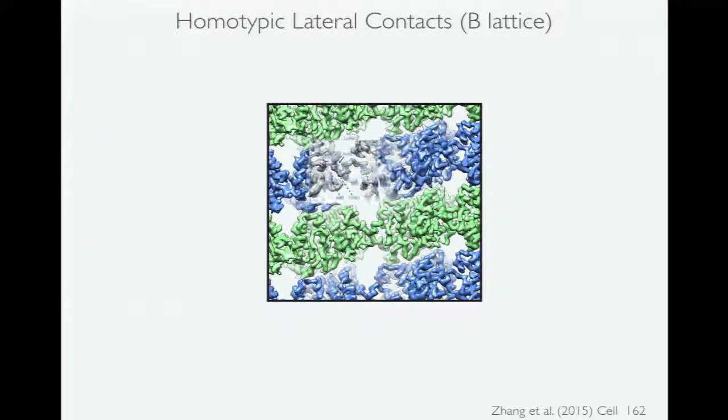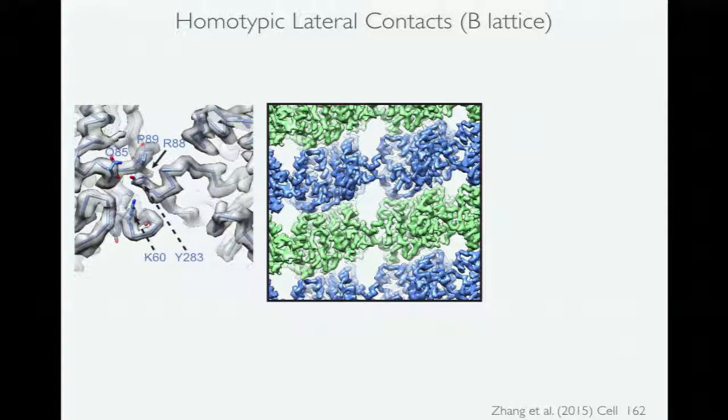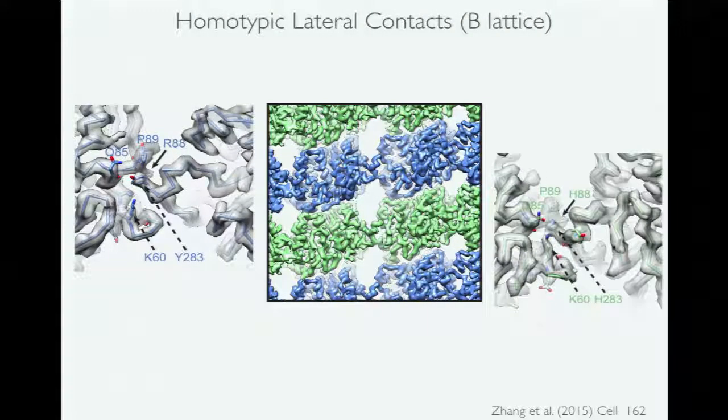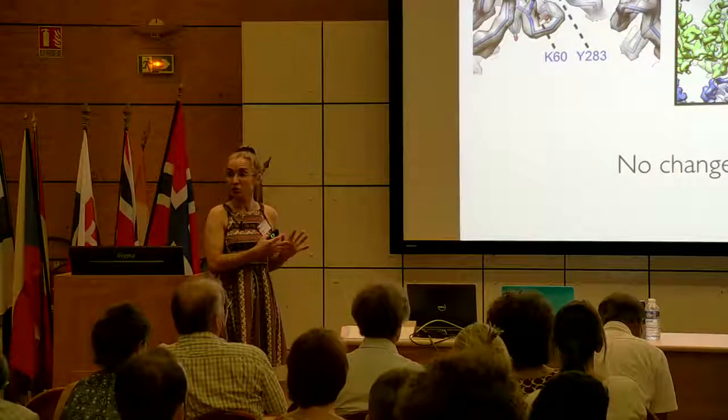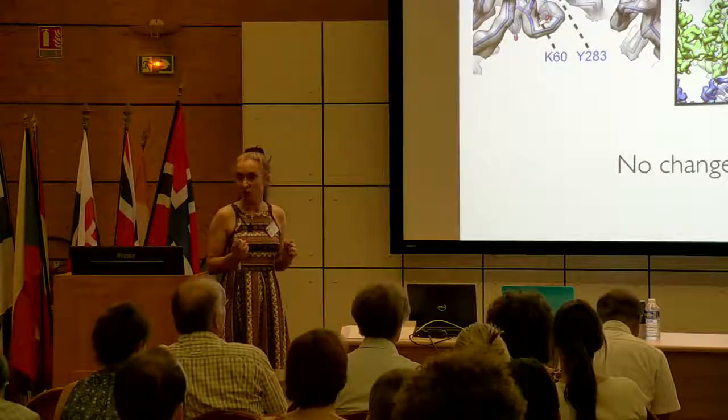And again, we now have pretty good resolution for these contacts. This is the one that I showed you before between alpha subunits. This is the one in beta, which is similar, but here we have a tyrosine instead of a histidine. So if we look at these contacts in different nucleotide states, what do we see? No changes. At this resolution, at 3.5 angstrom, there are no changes between nucleotides.